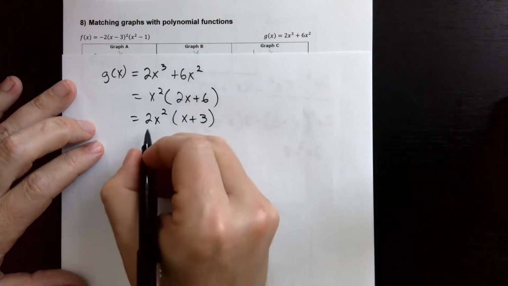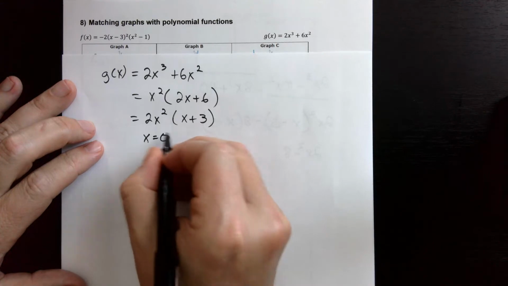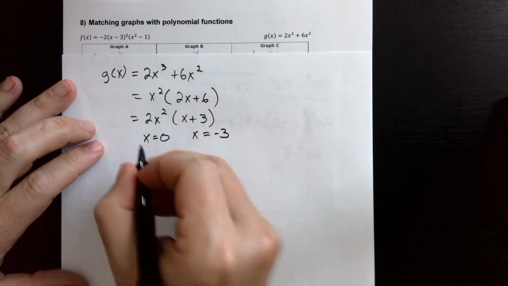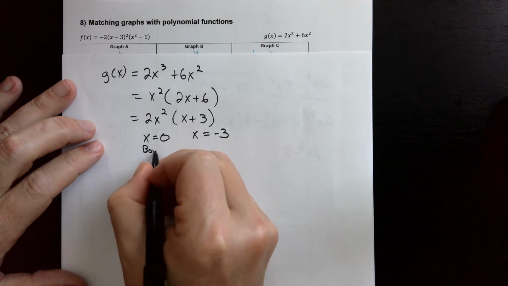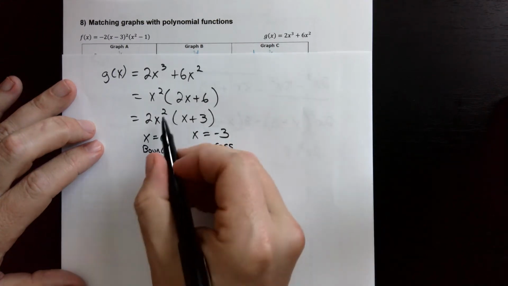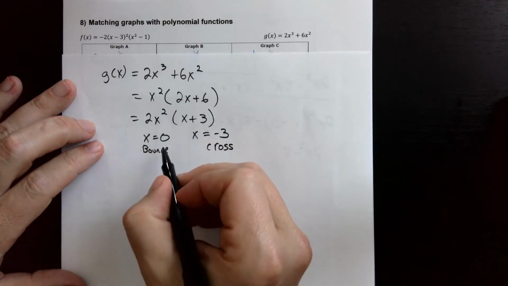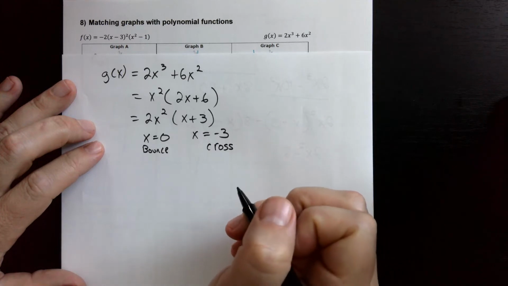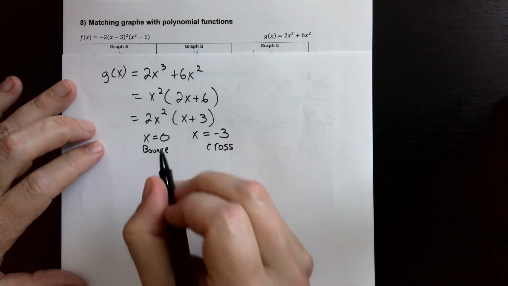That gives us two solutions, x equals 0 for this one, and x equals negative 3. This one would bounce, and this one will cross. This one is bouncing because it has degree 2. This one is crossing because there's no exponent, so it's degree 1.